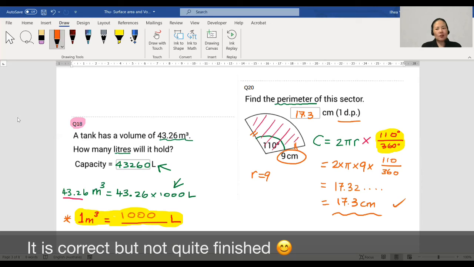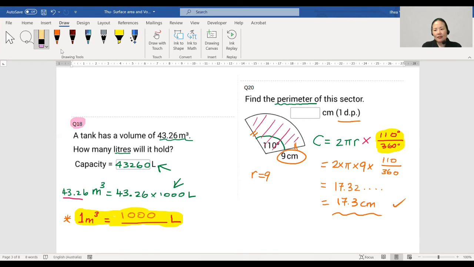Is there anyone who thought that it's not correct? Why is it not correct, guys? That 17.3 is only this part. So then you need to plus 18 to it. Correct. Do you remember that I've been telling you? C equals 2 pi r is the curved part only. For the perimeter of this sector, we need to think about these parts.